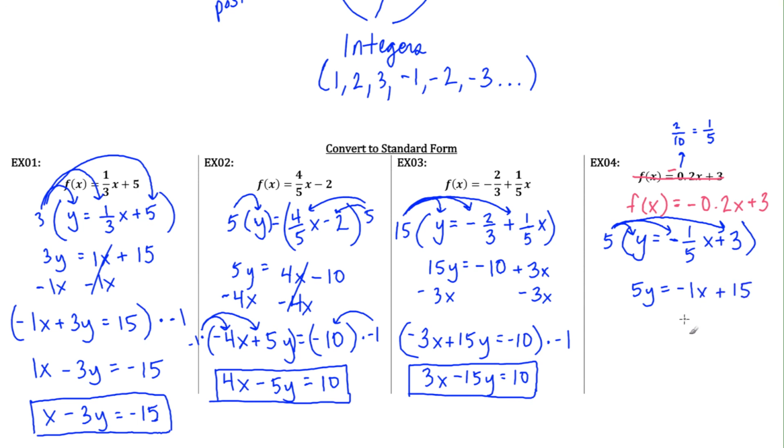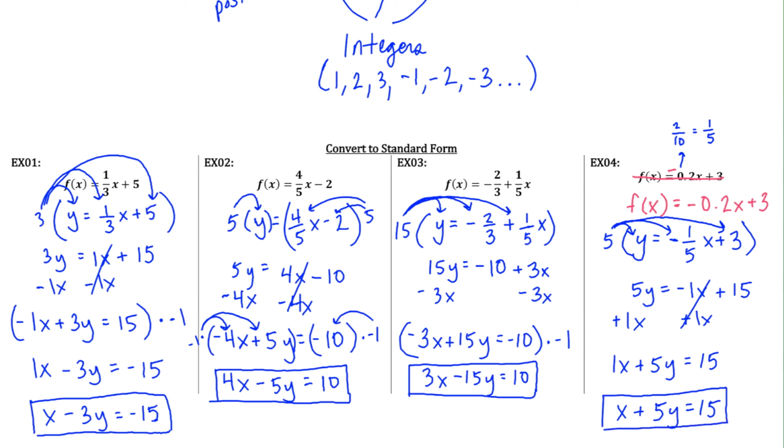Now I'm going to move these x's by doing plus 1x plus 1x. So I get 1x plus 5y equals positive 15. Now, you see how this is already positive? That means that I don't have to multiply by a negative 1. I'm good. I'm done. I'm just going to write it a little nicer. So x plus 5y equals 15. And on to the next page.